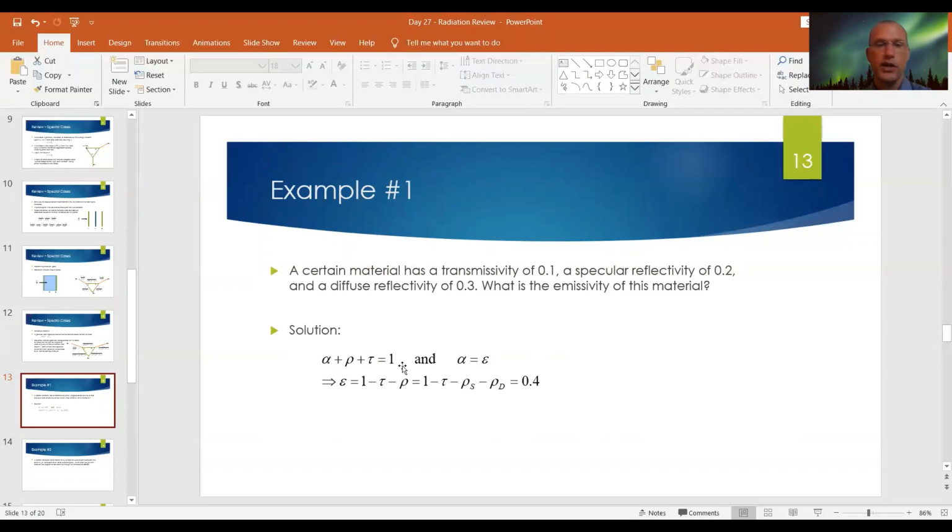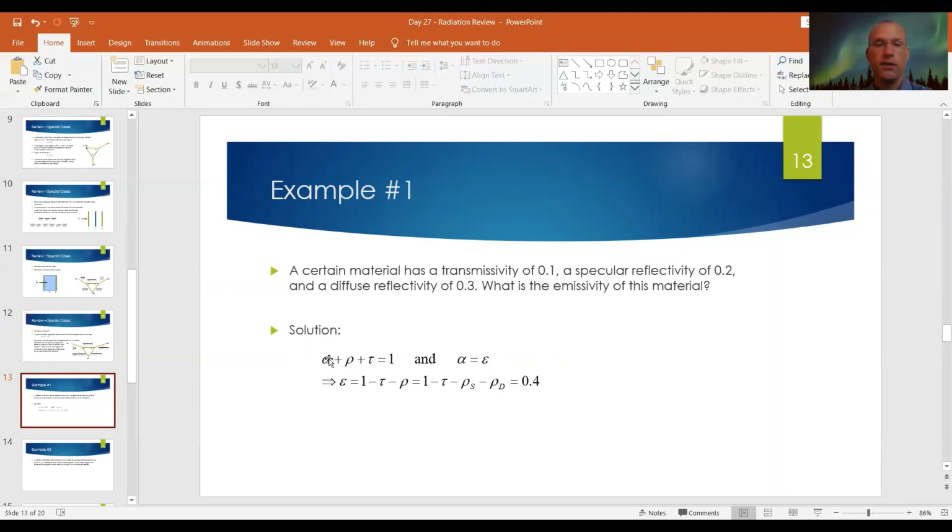So with this nice simple equation, I know that the entire fraction of energy is either absorbed, reflected, or transmitted, and I know the absorptivity is the same as emissivity. I know the reflection, which is both the diffuse and specular added together, and I know the transmissivity.